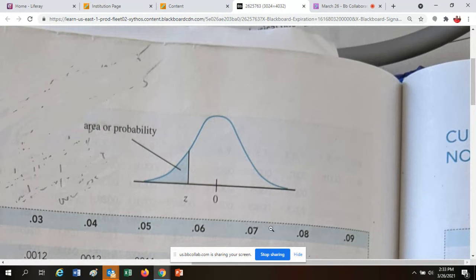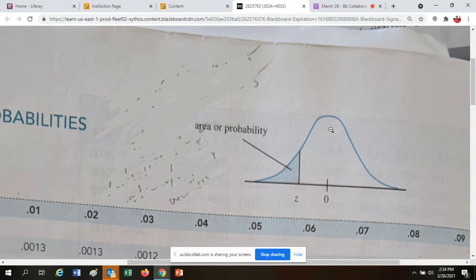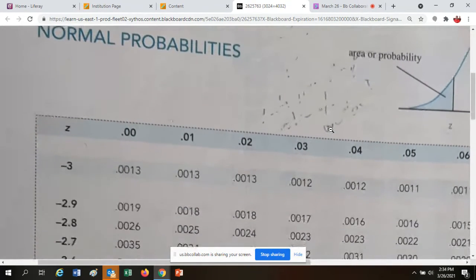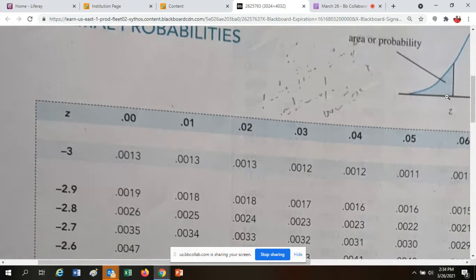And on the top and on the sides, it gives us our Z numbers, but the area is on the inside. And when you guys did your assignments early on, you found the Z value, and then you found the probability inside here. What we are going to be doing now is doing this backwards.